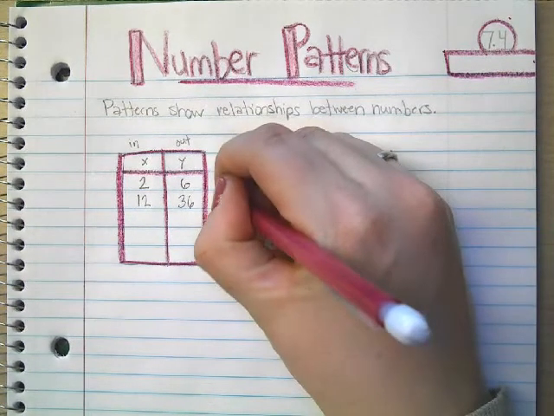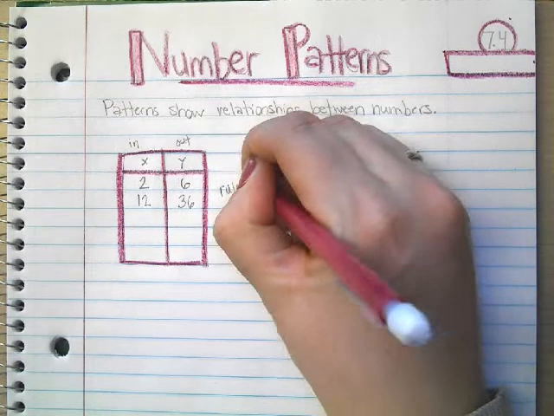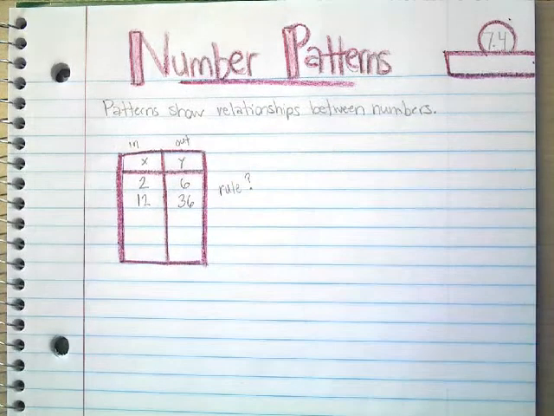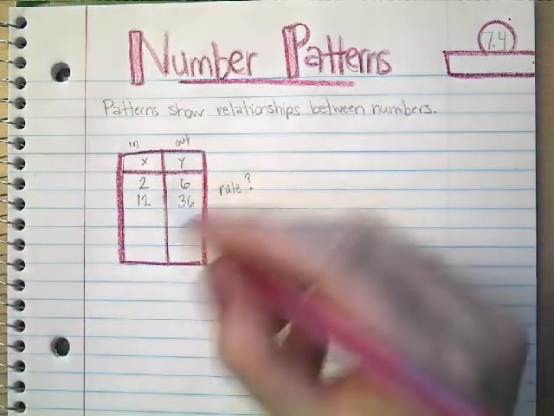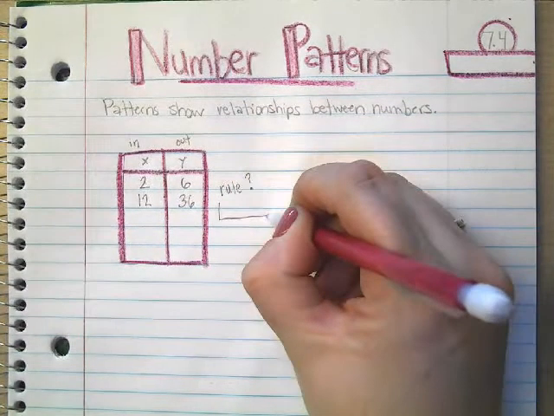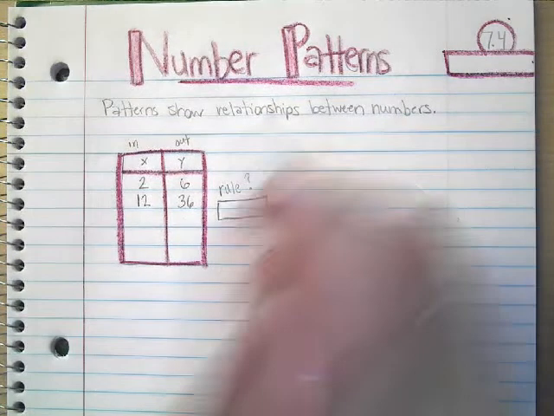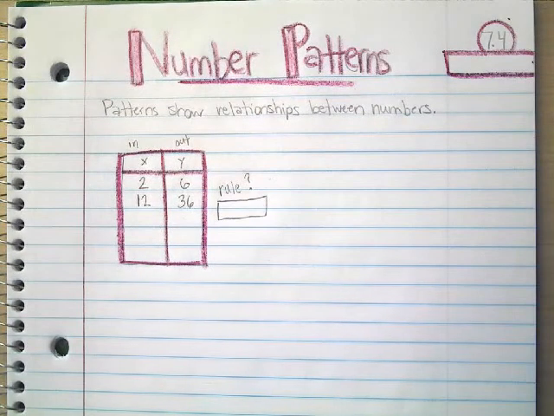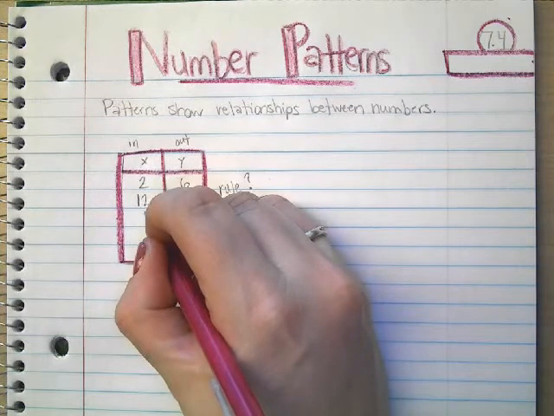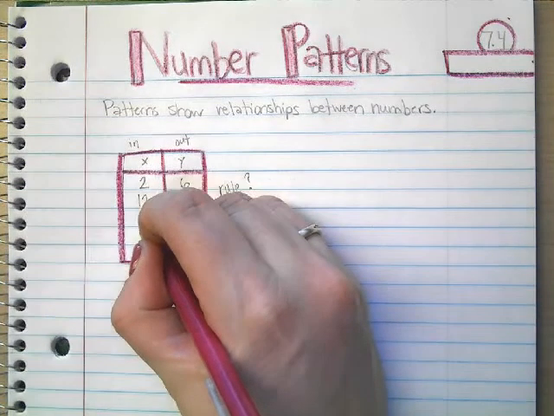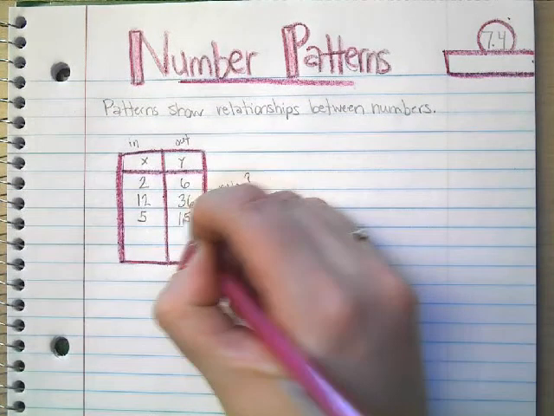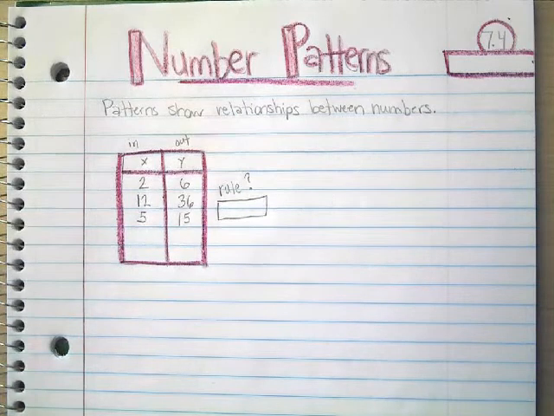So we're thinking that maybe the rule between these numbers, or the pattern here, is that when you take x and you multiply it by 3, you get y. That's what we think, right? Let's try another one. What if I told you that x is 5 and y is 15? Does that fit the same rule?